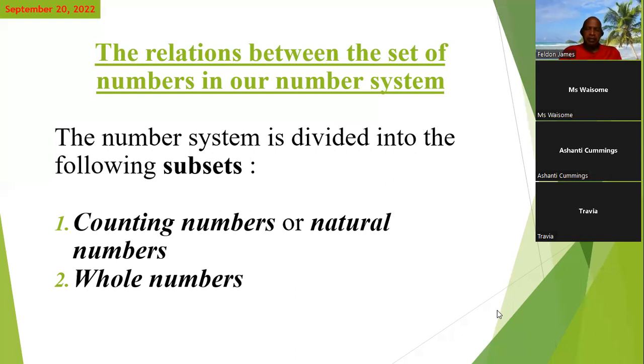Sometimes the problem is we don't have a clear idea of what the numbers are, and so we may use them in the wrong context. Is that clear, guys? So whole numbers, I won't say anything more about them. I talked about counting numbers because I think that's a basic one that everybody should know. Integers. Anybody know about integers? What do you know about integers?